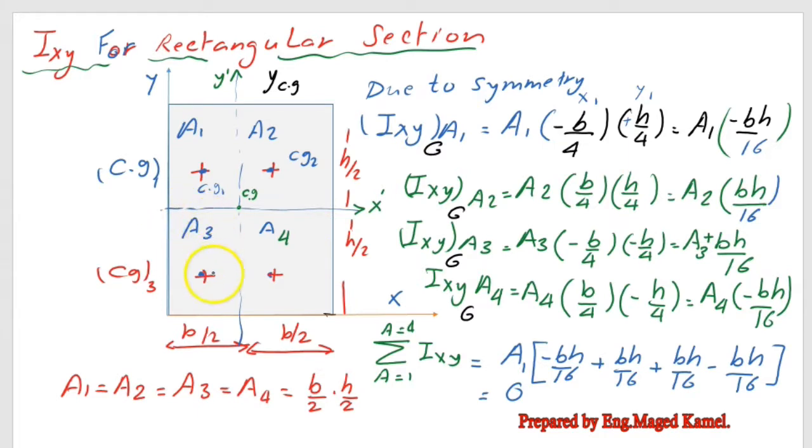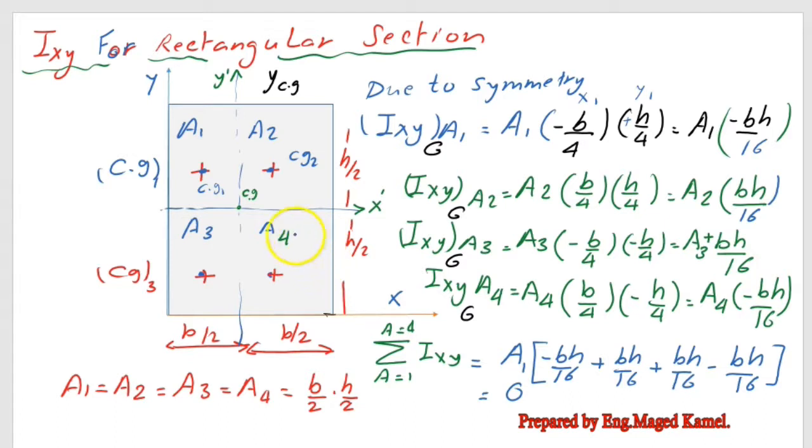For area number 3, we have a horizontal x distance equal to minus b over 4, and a y distance to the CG equal to minus h over 4. That's why the product moment of inertia at the CG for area A3 will be A3 multiplied by minus times minus, which becomes plus, of the same value bh over 16.